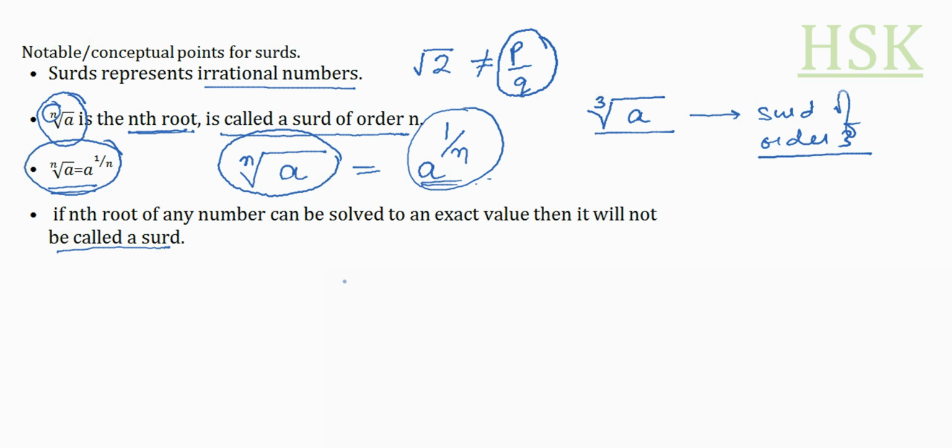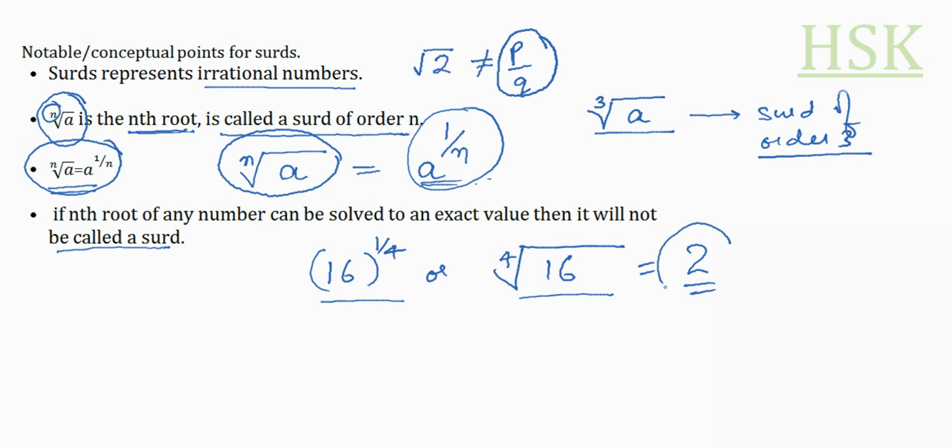If the nth root of any number can be solved to an exact value, then it will not be called a surd. We know that 16 to the power of 1 by 4, or the 4th root of 16, can be solved as equal to 2. If you don't know how this comes as equal to 2, just keep in mind that its value can be solved as equal to 2.